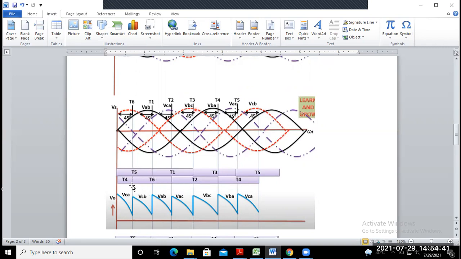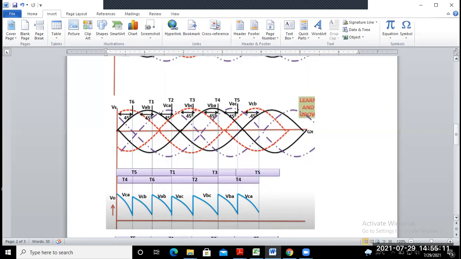So up to this point, this thyristor is conducting. The positive half cycle is your 5 and the negative half cycle is your 4. So if you observe the circuit diagram, that means 5 and 4. So which line voltage is represented? T5 and T4. So T5 is your VC and T4 is your negative half cycle.